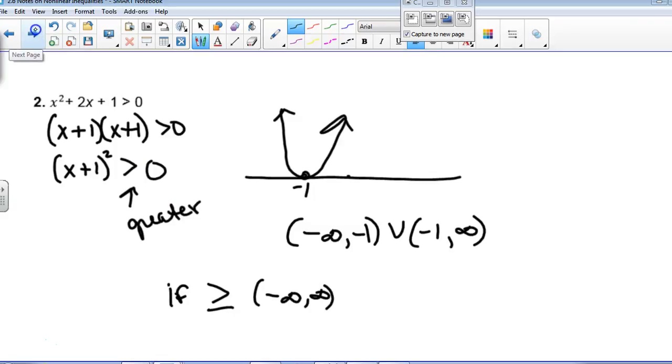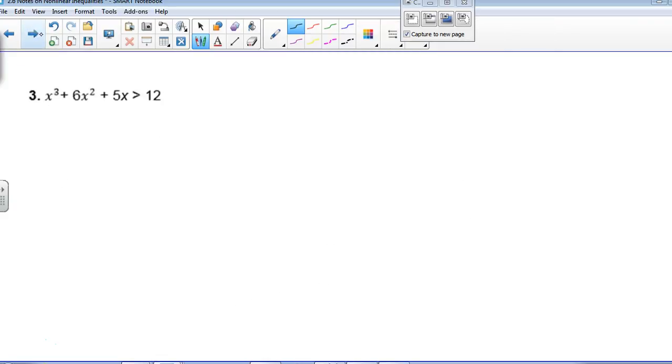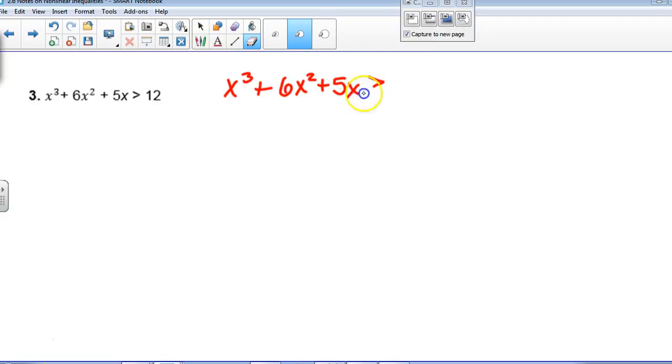Two more? Number 3, what do you want to do first on this one? Don't say cry. Don't say take an X out, actually. Subtract 12. Yeah, we want to make it compare to 0 first. And then we can't take an X out. The problem with taking an X out, oh, sorry, I wrote that wrong, is you can't say X is greater than 12.